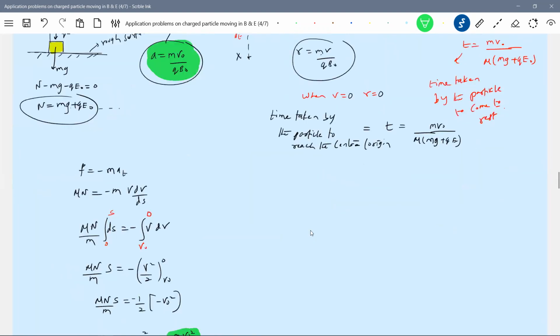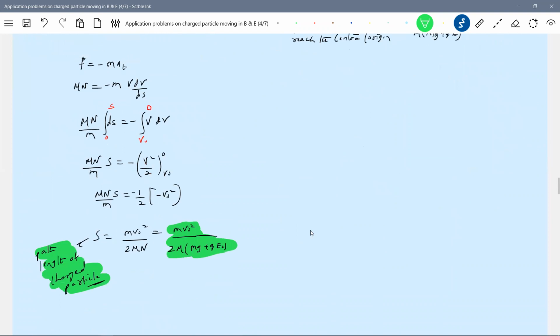Angular momentum of the particle is not conserved, no? So we'll write it here: angular momentum of the particle is not conserved. What about kinetic energy?